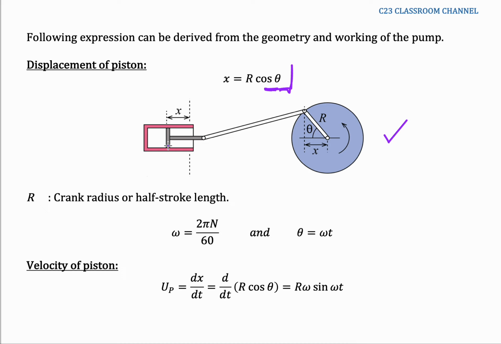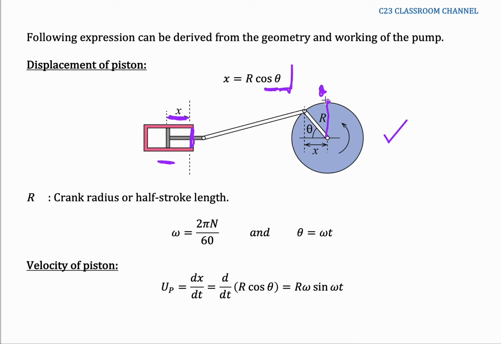For example, we have a piston pump here, and then we have a crankshaft like this. You can imagine that the movement X here is the same distance as the X in this situation. If it starts from this point, the piston starts at this point.